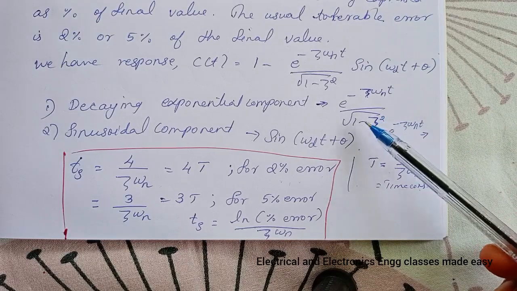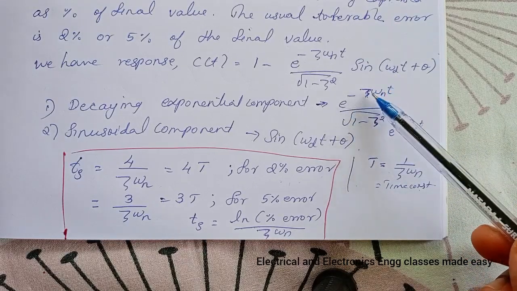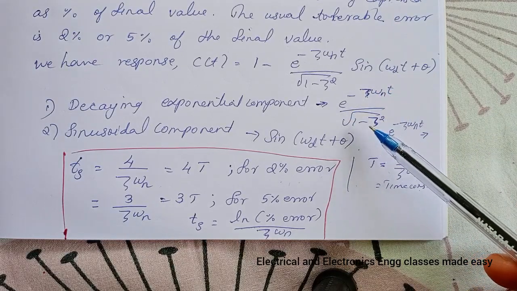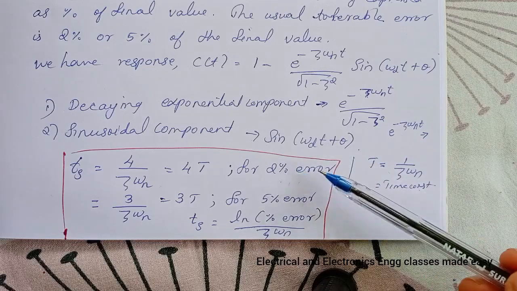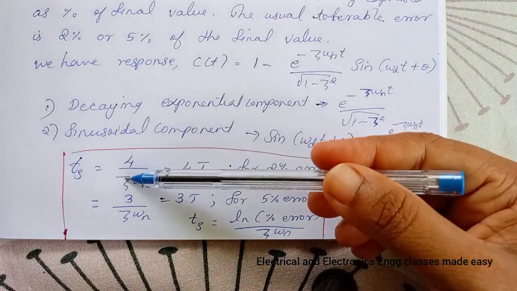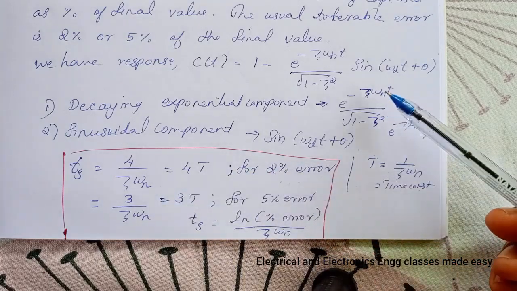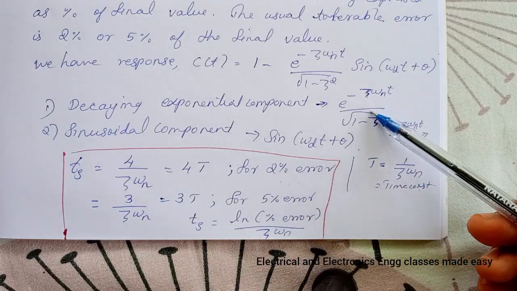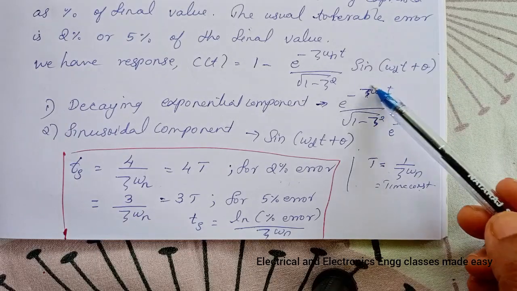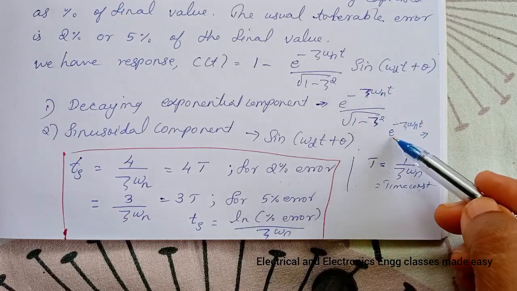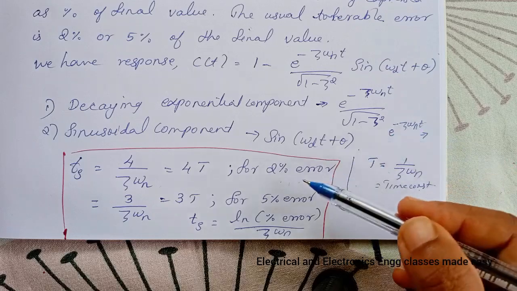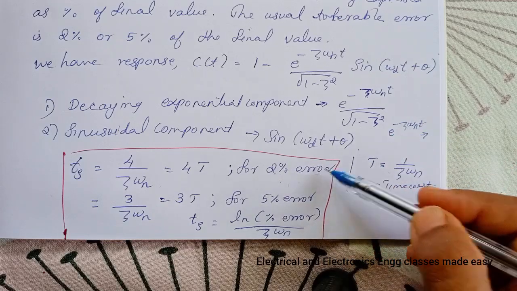First of all, equate e raised to minus zeta omega n t divided by square root of 1 minus zeta square to 2% error. Then we get this, and after equating to 5% error we get this. And for small values of zeta, we equate only the numerator. So equate the numerator term to 2% error.